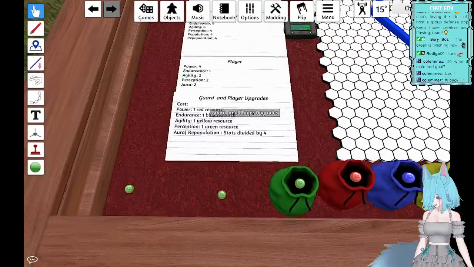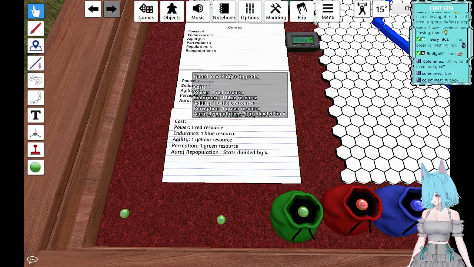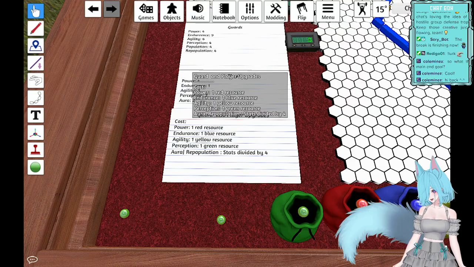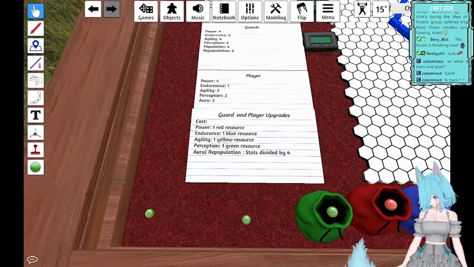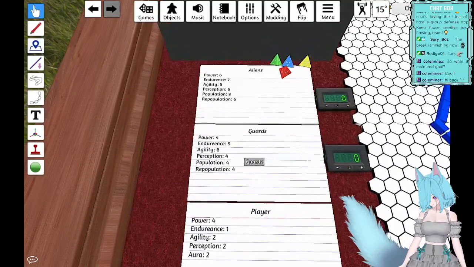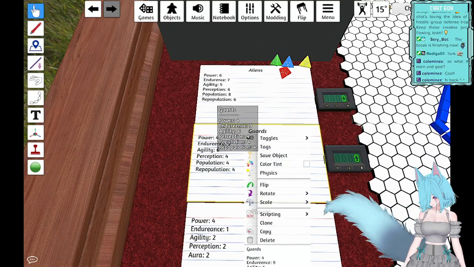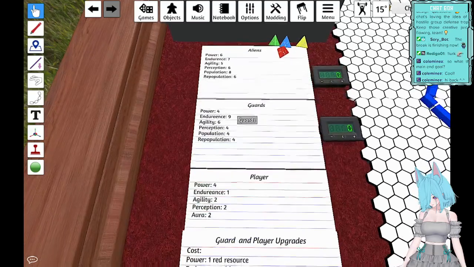Then again, if we... I guess I'm going to use 1 perception on the guards. So, they're gonna have 5 perception.